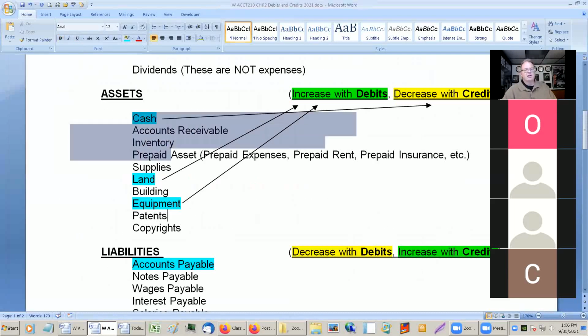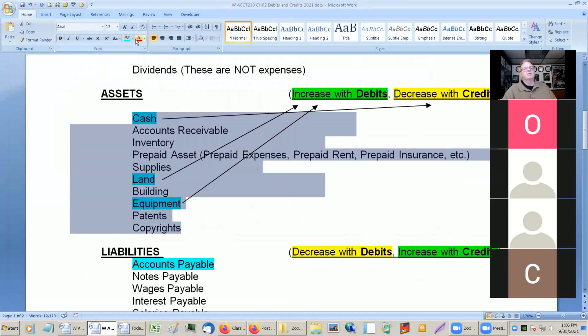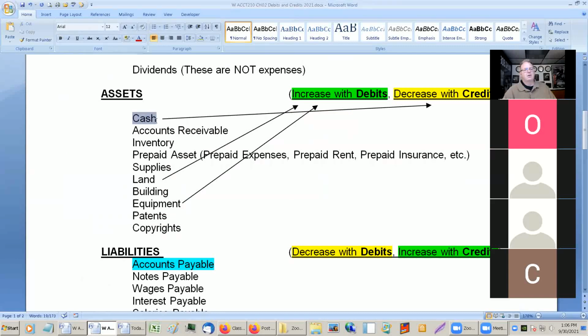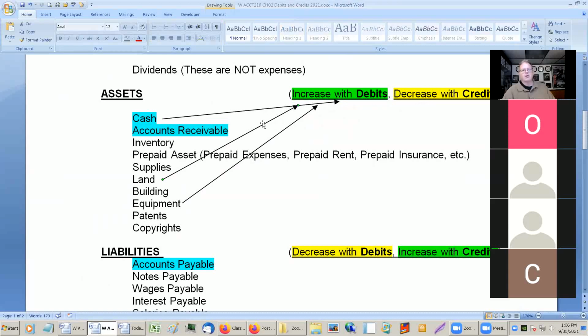So this would look like cash and accounts receivable. Cash in this case is going up. Accounts receivable is going down.